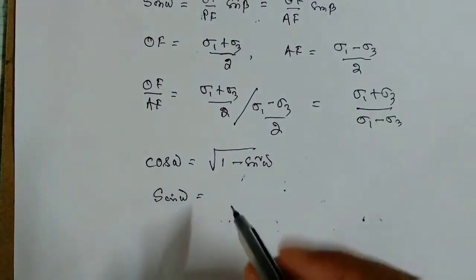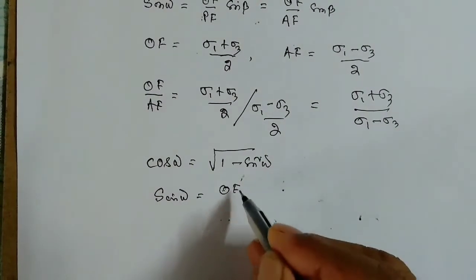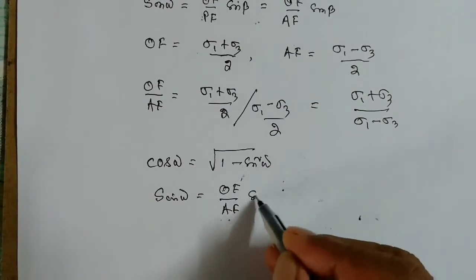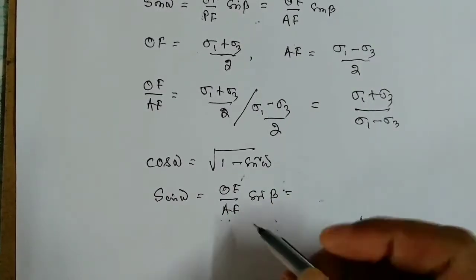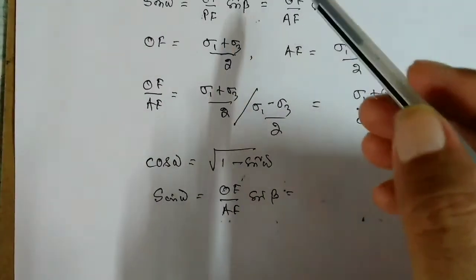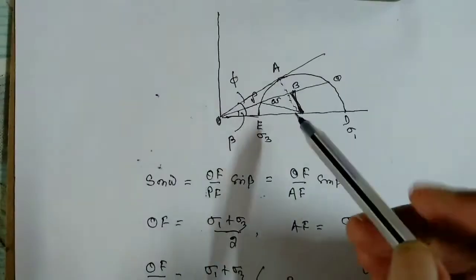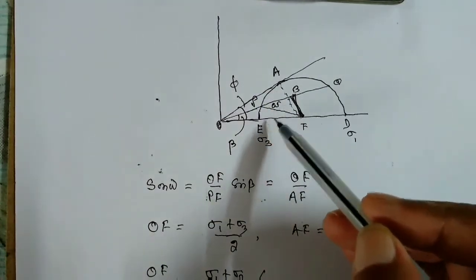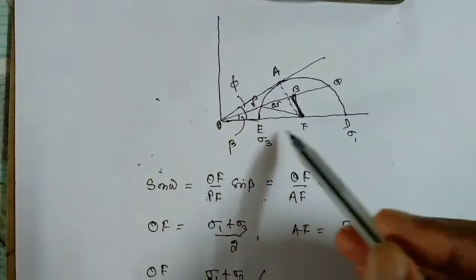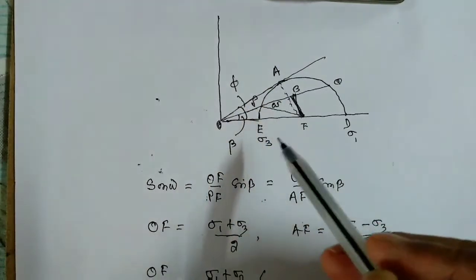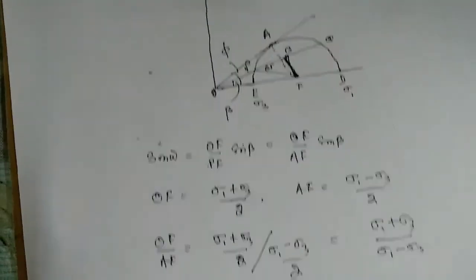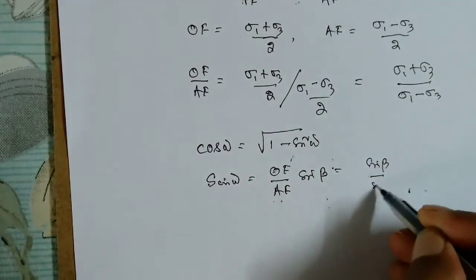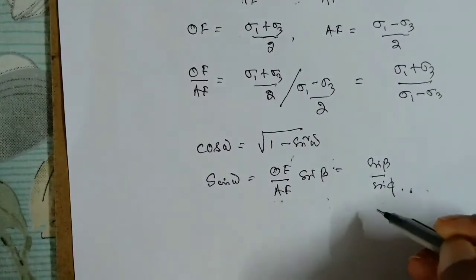Since sin omega is OF by AF sin beta, and in the triangle OAF, OF by AF is 1 by sin phi, so sin omega is sin beta by sin phi.